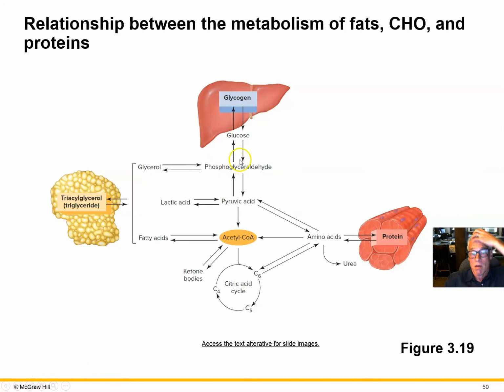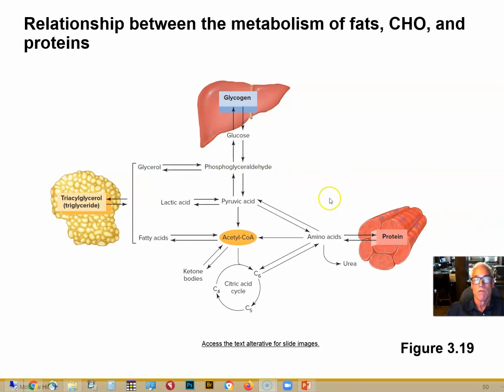Here's a diagram which I'm not super in love with, but it does sort of bring together some of the conversions and pathways we've been talking about. The liver can store glycogen from glucose, polymerize it, and then later release it back out into the blood to be used by cells to produce energy. So this looks like it's all happening in limbo, but it's going to be happening inside a cell in your body.